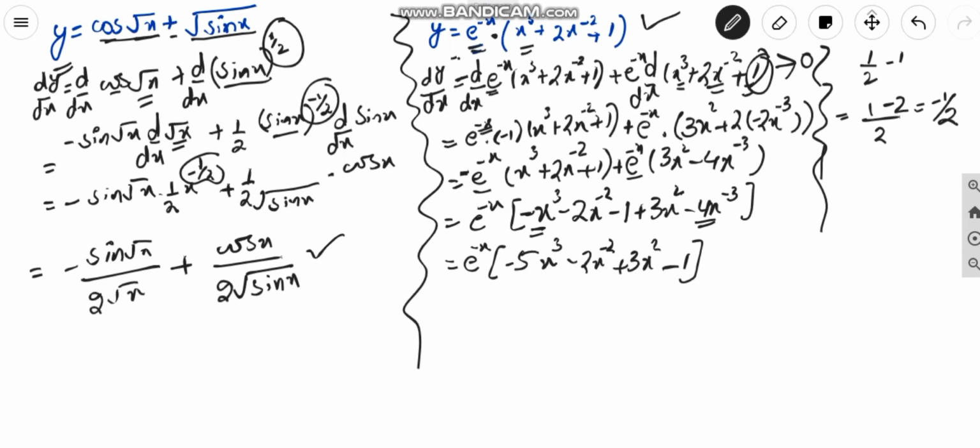So these were some important questions from your previous papers. The first step to easily solve derivatives is to learn the rules.